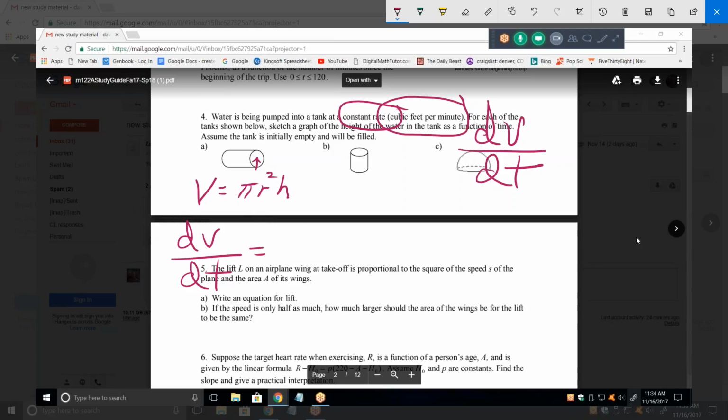I'm going to implicitly differentiate both sides with respect to t. Okay, and what that gives me is this. No, it doesn't. I have to use the power rule. I mean, not the power rule, the product rule.